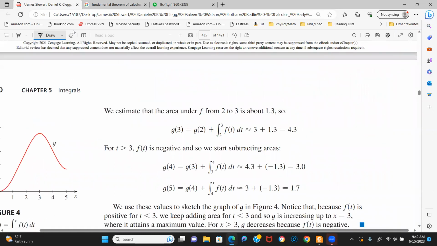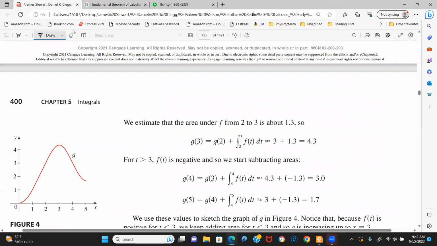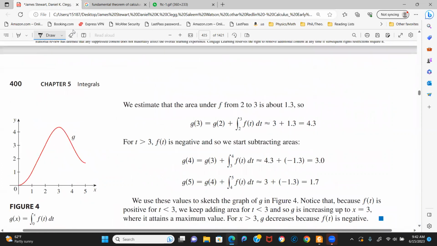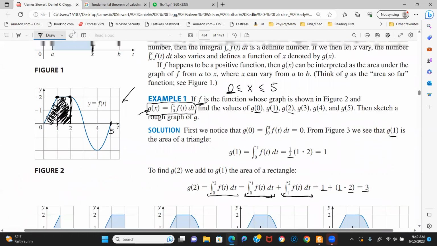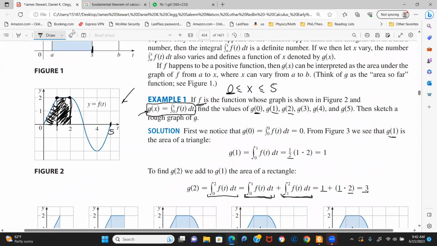And then you can just keep going on from there. I'm not going to do the rest of these because now it gets a little tricky. If you want to go to 3, 3 includes this area. You can see this is an increasing function. You're accumulating this area. So when you go up to 3, now the bead slides down to here.